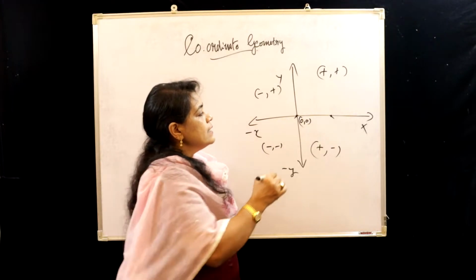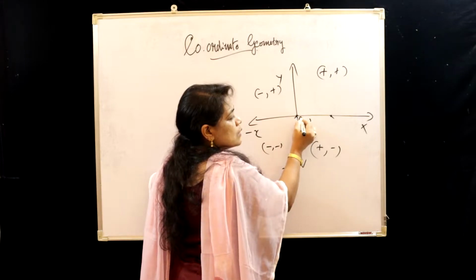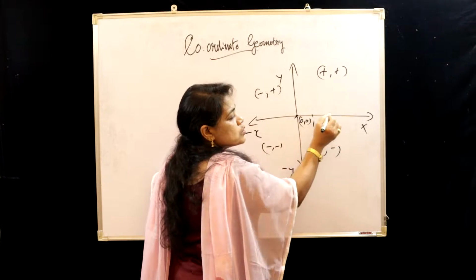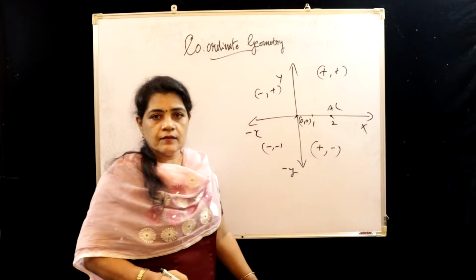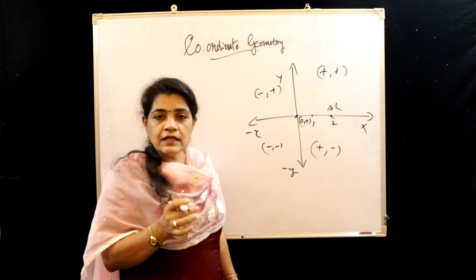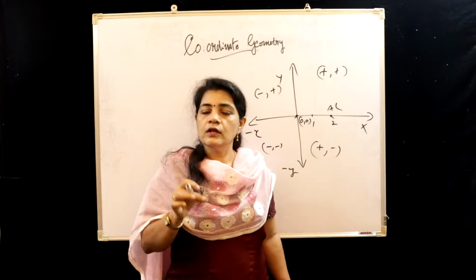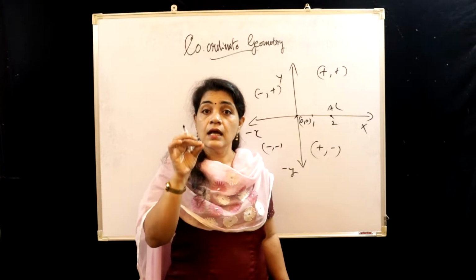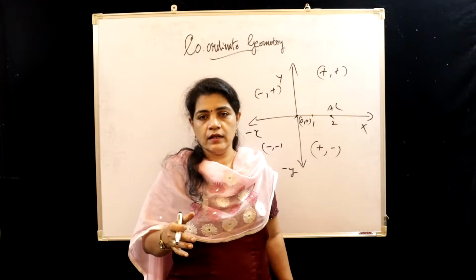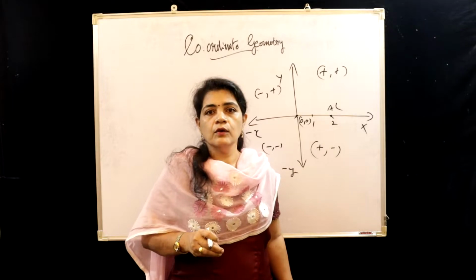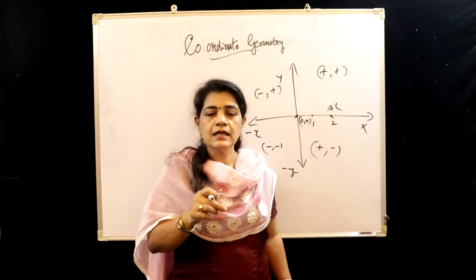I am marking here 0, this is 1 and this is 2. Suppose this is a required point and we need its coordinates. A point in the Cartesian plane has both coordinates, the x coordinate and the y coordinate. In order to get the values, draw the perpendiculars towards the x-axis and the y-axis.